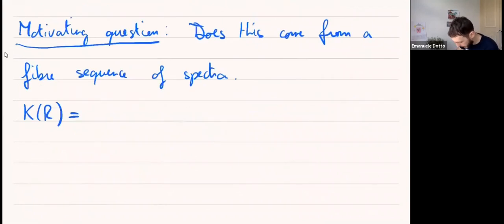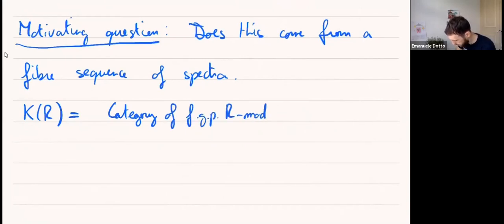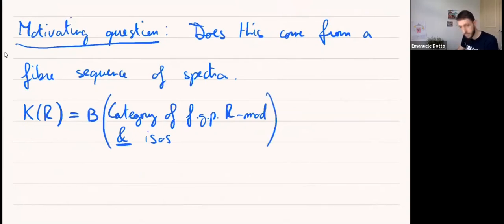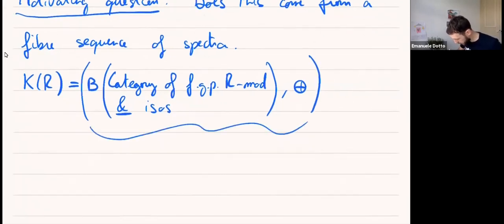What does it mean? We look at the category of finitely generated projective R-modules and isomorphisms. So we don't take isomorphism classes, we regard this as a category. Then we take its classifying space. And now under direct sum, this is a monoid, and it's in fact an infinity monoid in spaces.